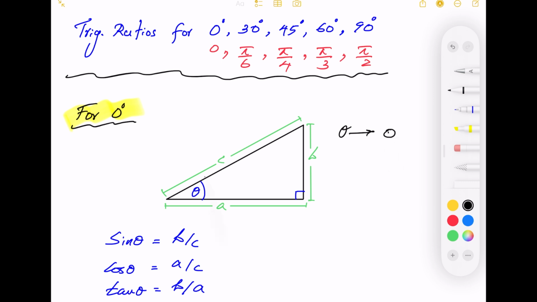If theta is approaching 0, can you see that the height B should also be approximately equal to 0? Therefore, as theta approaches 0, B should approach 0. When B is approximately equal to 0, what can you say about the lengths of A and C? Those two sides should overlap. Therefore, the length A should be approximately equal to the length C.